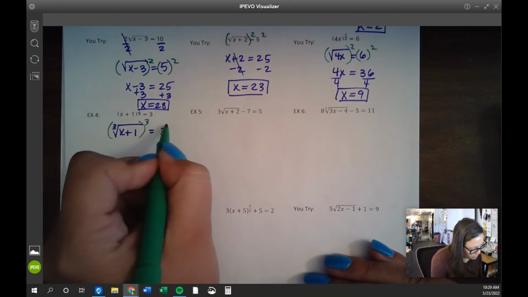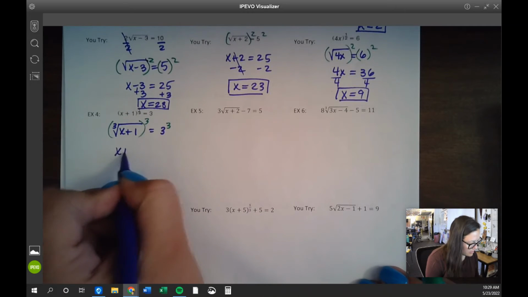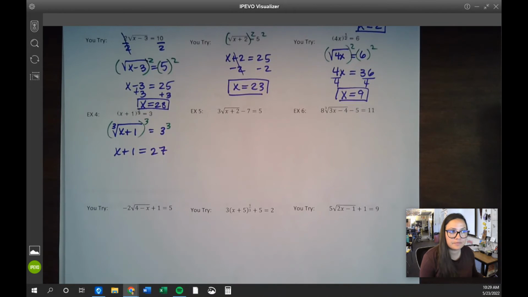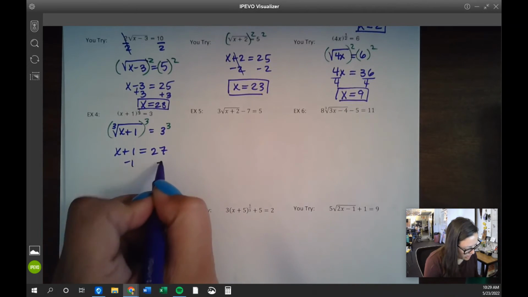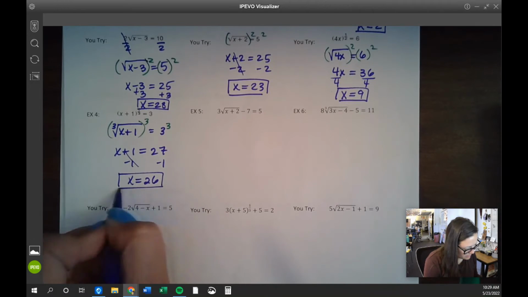So to undo a cube root, I am going to cube both sides. 3 cubed is 27. And then I'm just going to simply subtract 1 from both sides. And we get x equals 26.